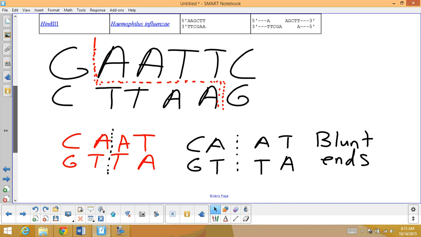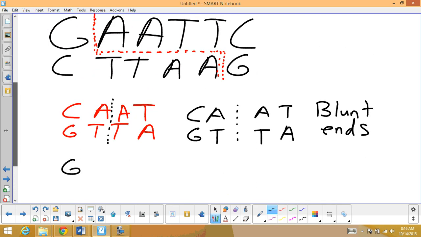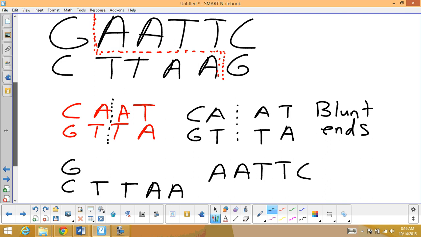And if we're going to rewrite it, when we separated it, G's over here, we got C, T, T, A. The other segment would read A, T, T, C, and the G would be down here. So it's kind of cut jaggedly. Now, when they don't directly have a base pair down from each other, these are called sticky ends.